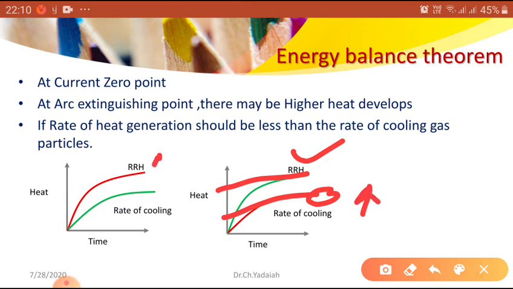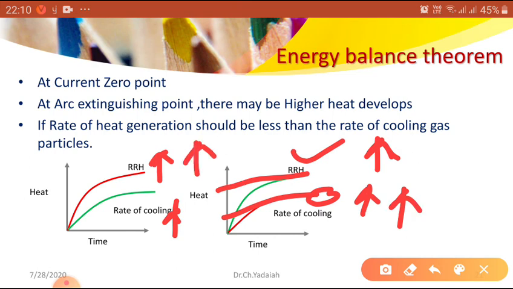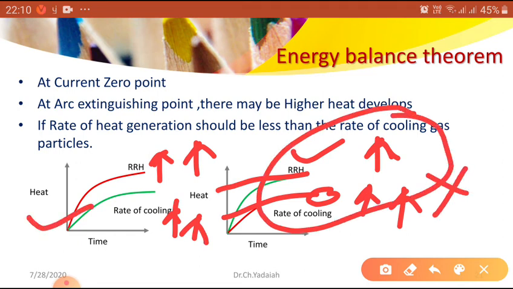Here heat produced is greater than the cooling. In this case, the rate of cooling is more than the rate of heat generation. In the other case, the rate of heat generation is more than the rate of cooling. So here the arc persists, here the arc is quenched. So this process is what we are going to adopt in this method.